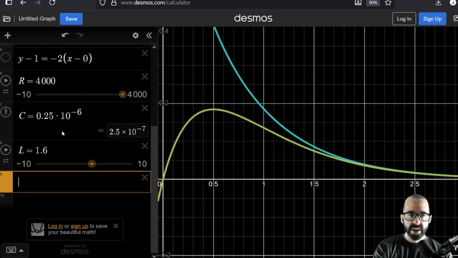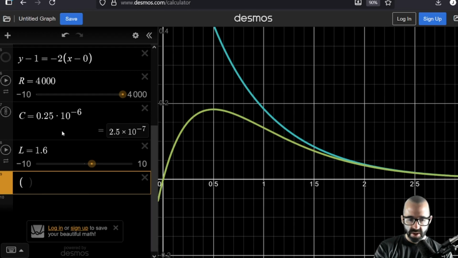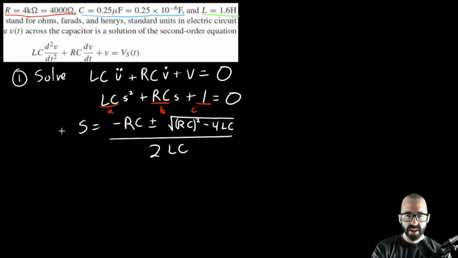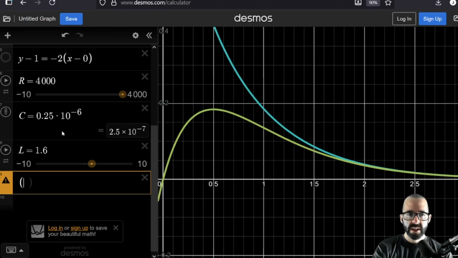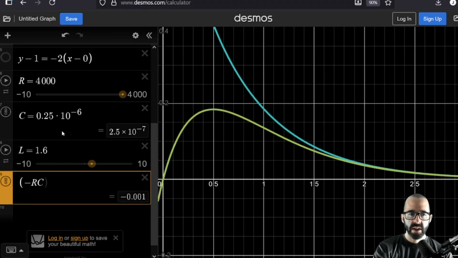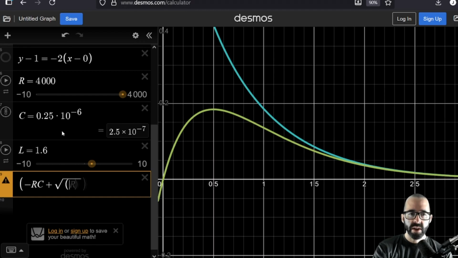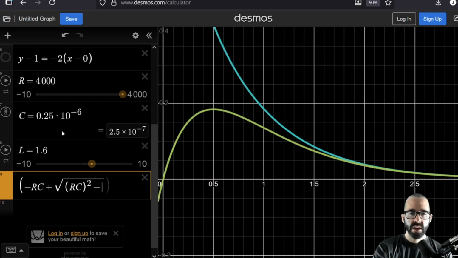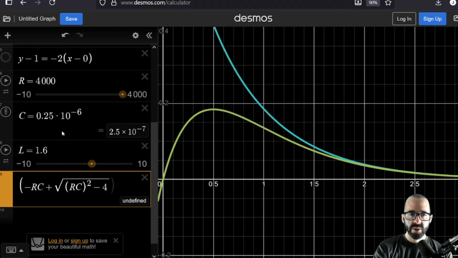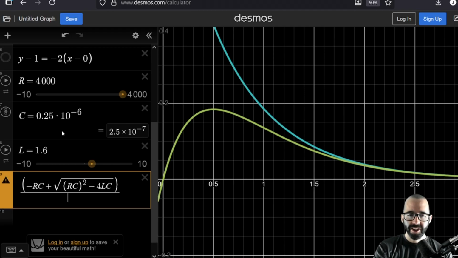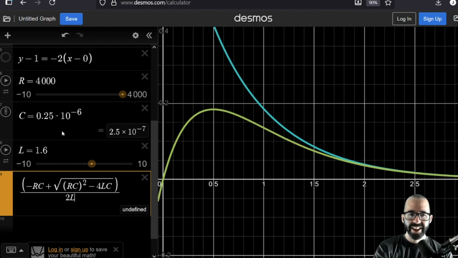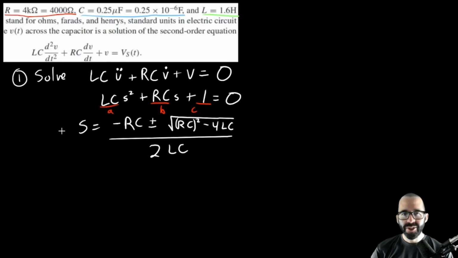So the quadratic formula says that our solution, or our eigenvalues, are going to be negative RC plus or minus the square root of RC squared minus 4 times A, which was LC, I believe, all over 2LC. And it says undefined because it's an imaginary number.